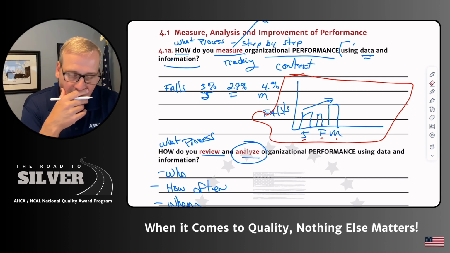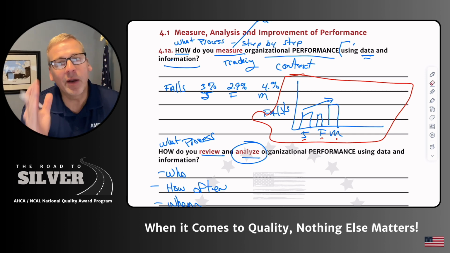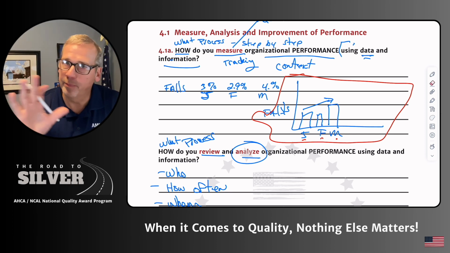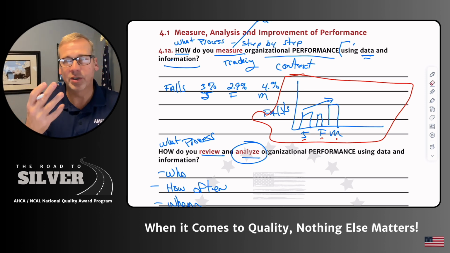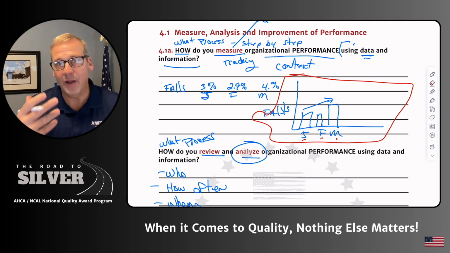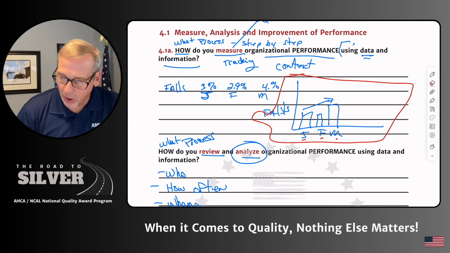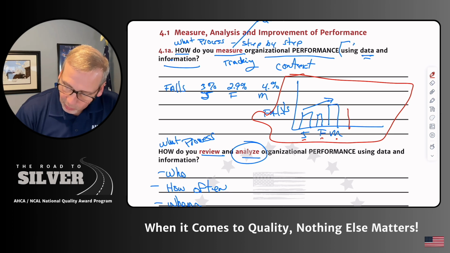However, what really is going to make the biggest impact for you in your business is not only would you, and this is a requirement, I'll be straight up and honest with you, it's a requirement for the quality award, not only would you track and trend your own internal data over time, but you would also want to see what your comparison is.